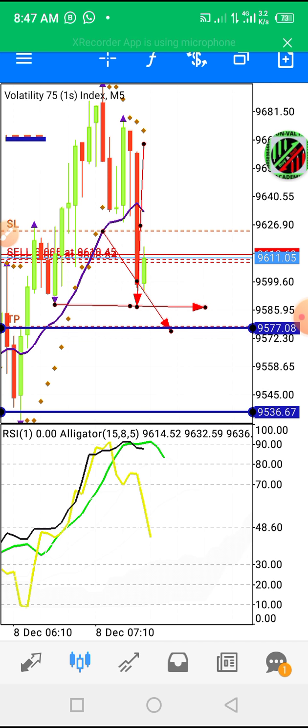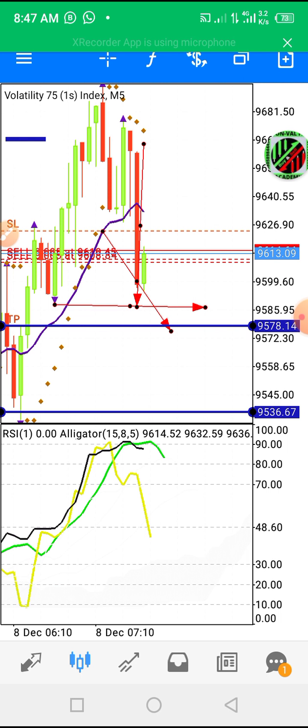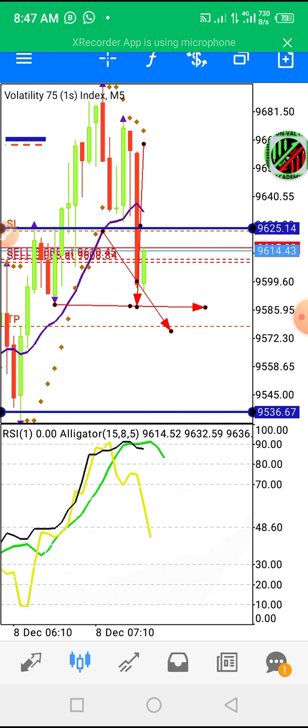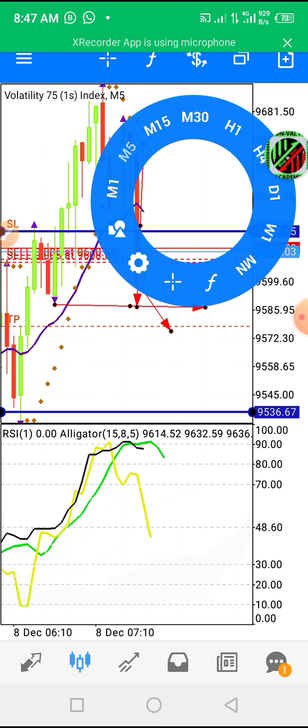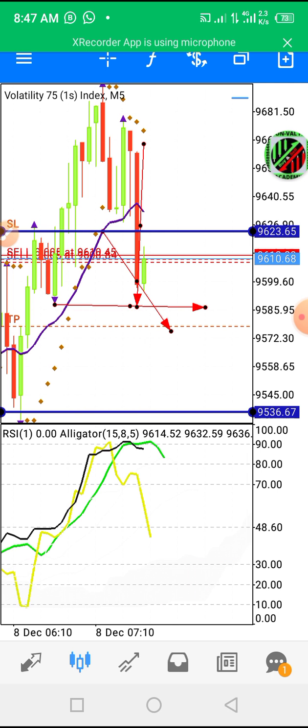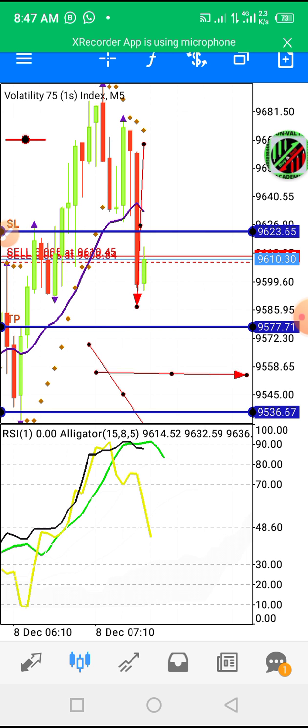If it jams the take profit, it will close at what? At profit. Do you understand? So just be monitoring this. If it jams here, it will stop at a loss. If it jams here, it will stop at what? Take profit. Do you understand?